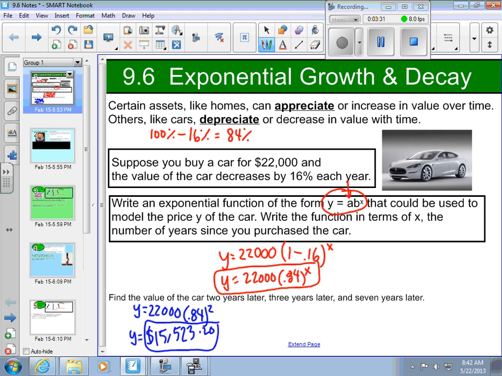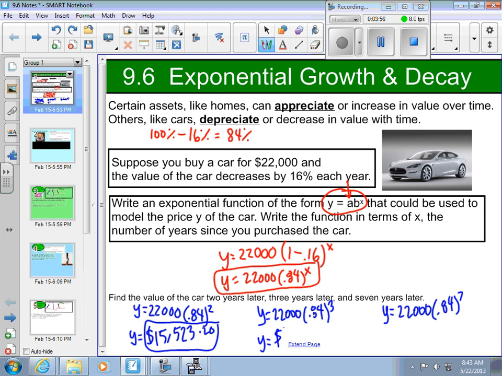And again, you could easily do the same thing for 3 years. Same equation. The only thing that changes is our exponent of 3, or if you want to find it at 7 years, then you would put the exponent of 7. So once you have this general equation, it's really easy and quick to get the value, and then it's just simplifying it out using the calculator.